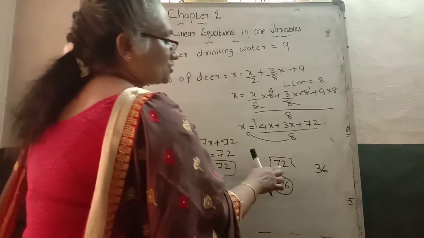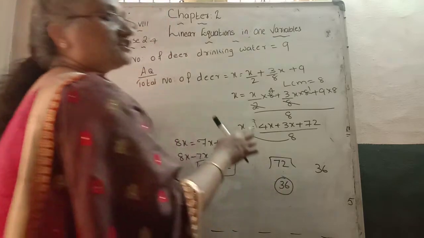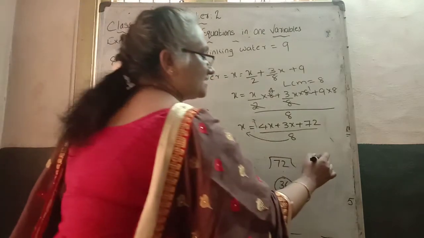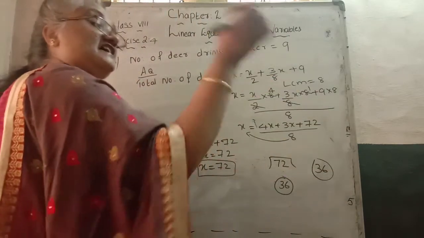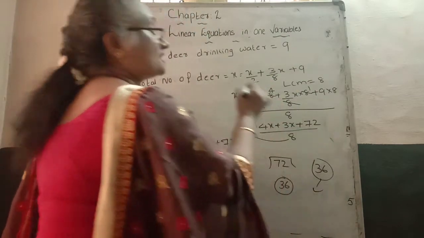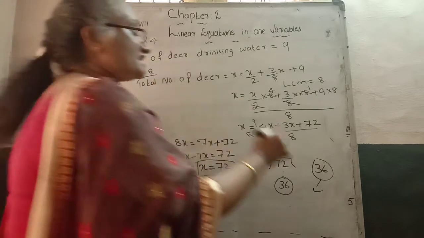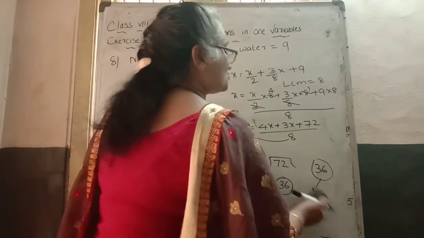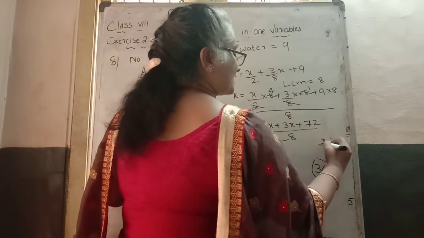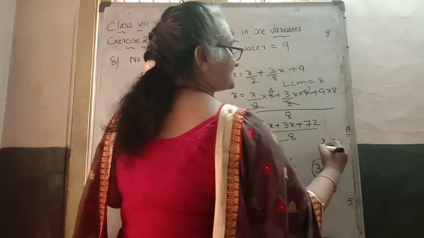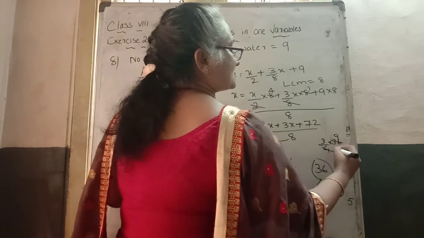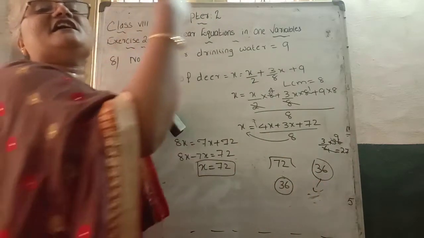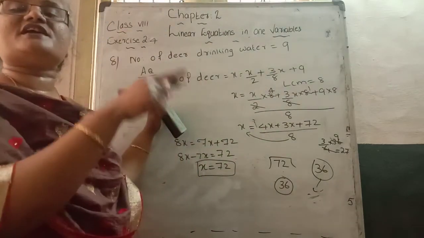That means the total number 72 is subtracted with the grazing number. 72 minus 36 will become 36. Remaining half is 36. In that remaining half, how many are going for playing, a 3/4 part? So I just write 3/4 into 36. 4 table, 36 minus 27 are going for playing and 9 of them are going for drinking water.